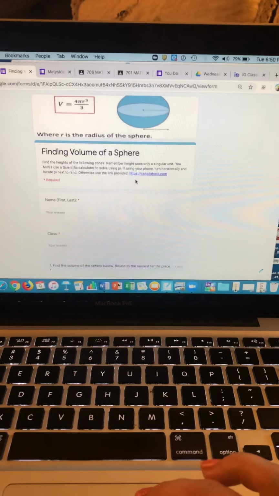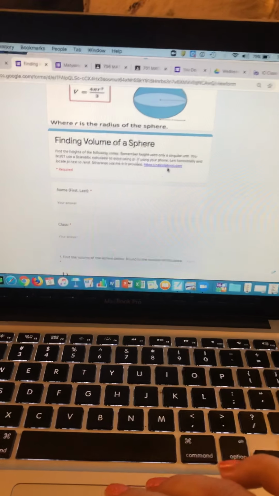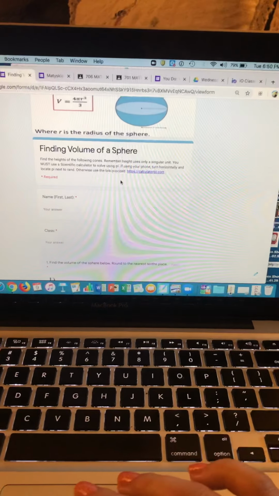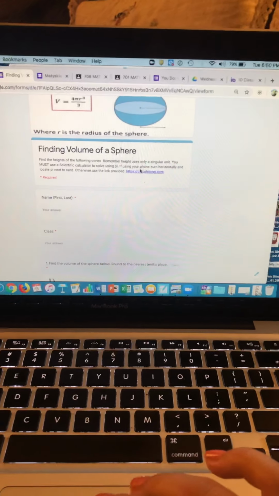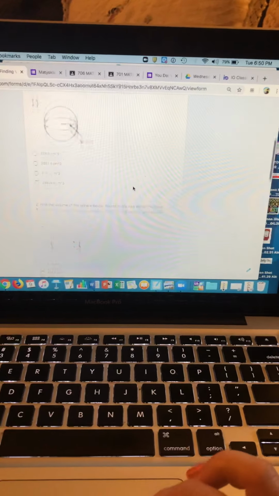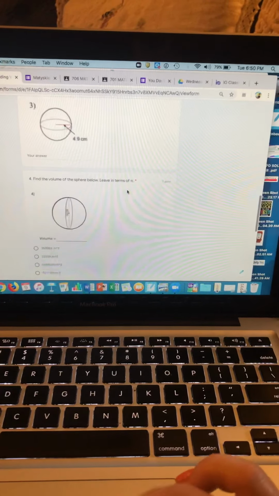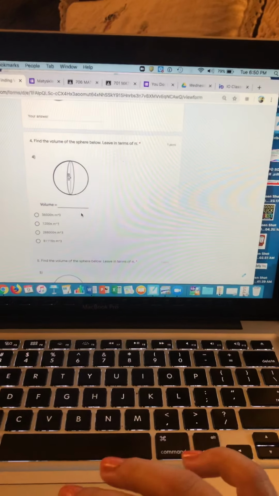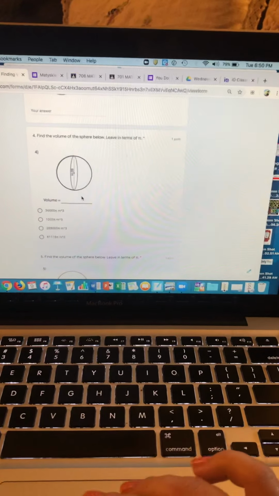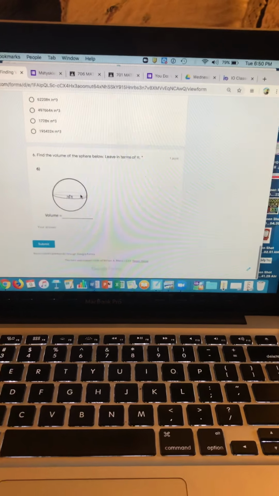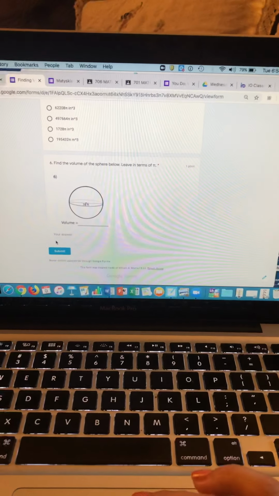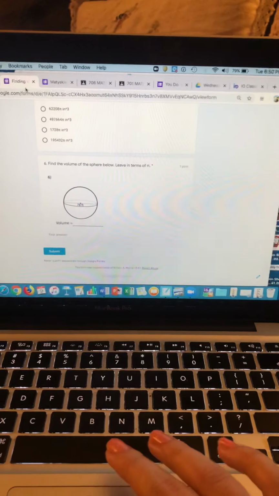Make sure you're using a scientific calculator. If it's your phone, turn horizontally, locate pi next to rand. Otherwise, use the calculator link provided at the top, okay? Just be mindful if you are given a radius or a diameter. Remember, if you're given a diameter, you have to split that into 2 before you start solving. Okay, yeah, so it's only 6 questions. Take your time, check your work, and click submit when you're done. Take care, guys.